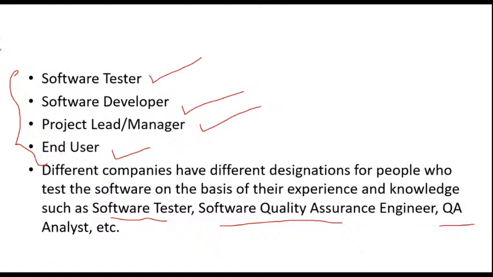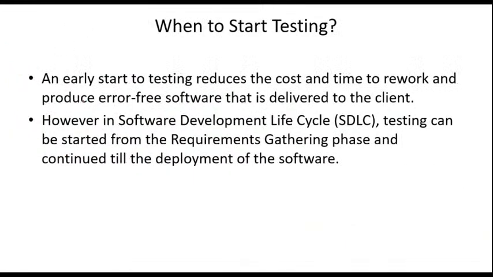It is not only the software tester. The software testing is done by testers, developers, project leads or managers, analysts, and also the end users. All of them are involved in testing a particular software.